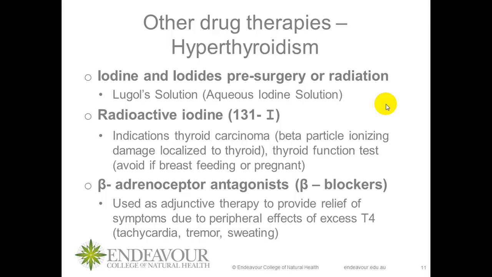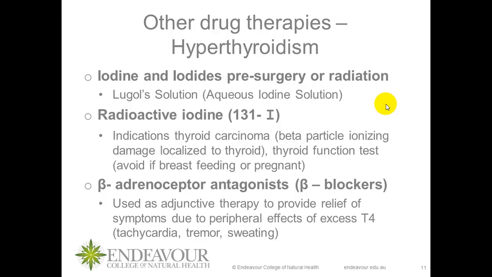You want to reduce the vascularity and size of the thyroid in the meantime, so an excess amount of iodides might be given. In Lugol's it's actually iodine, but if it's an iodide preparation, the iodide is physiologically converted to iodine in the thyroid before it then goes through those iodination reactions to make T1, T2, T3 and T4.